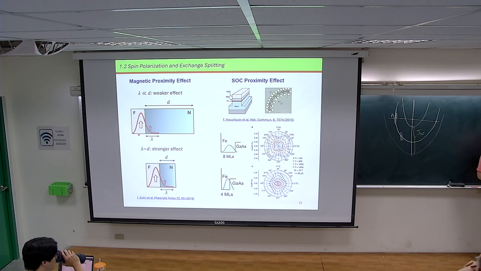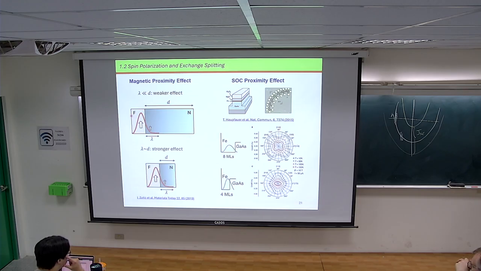So if the normal layer is very thick, then this effect is going to be very small, because most of whatever you measure in this normal layer will be dominated by states that are localized here and not feeling this ferromagnetic layer at all.